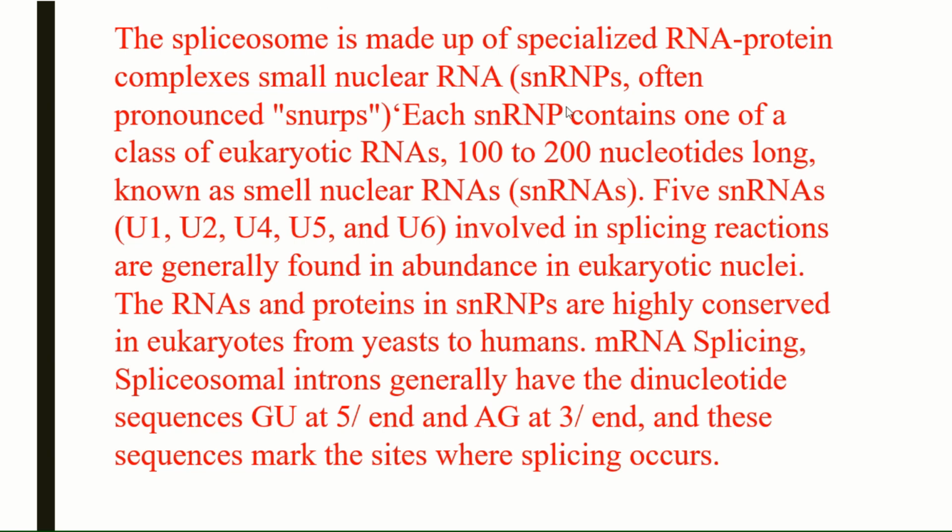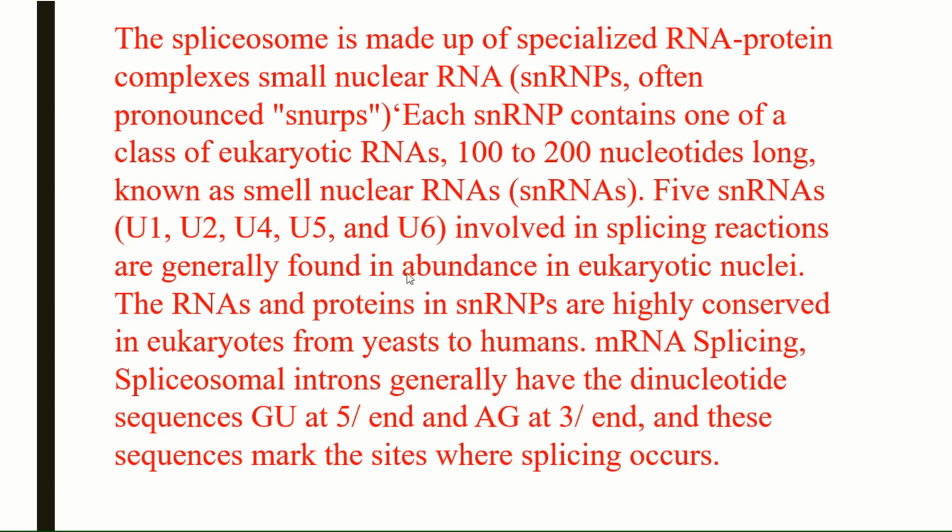The snRNPs, which are called small nuclear ribonucleoproteins, are found in the nucleus and often pronounced as snurps. Each snRNP contains one of a class of eukaryotic RNAs, 100 to 200 nucleotides long, known as the small nuclear RNAs or snRNAs.